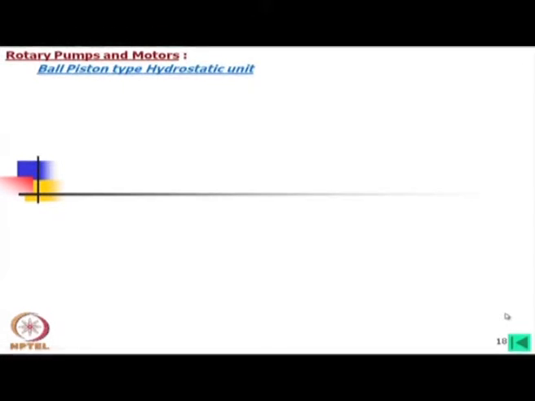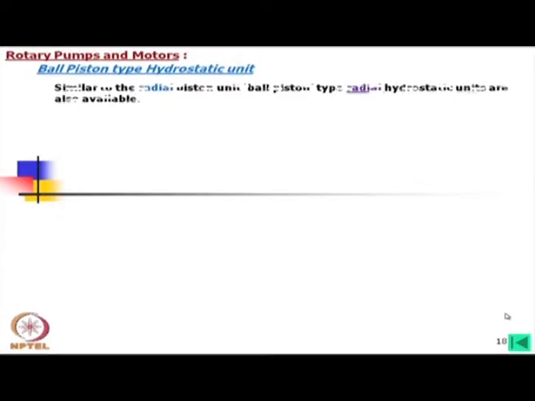Now, with the same idea, instead of cylindrical pistons, we can also use ball pistons. If you look at spherical balls put in a cylinder, that can also act as a piston.